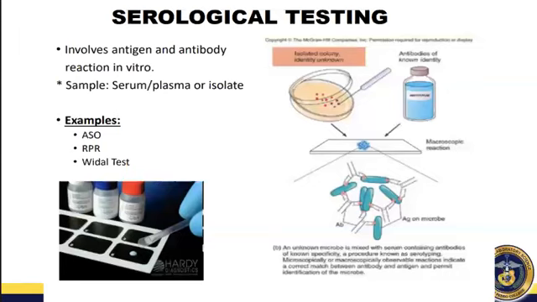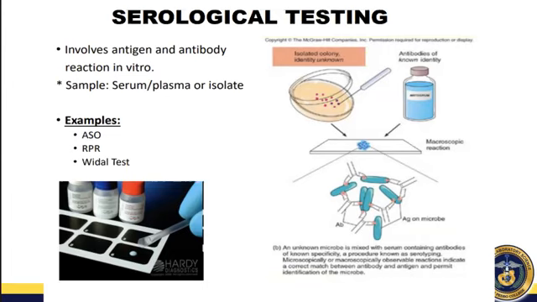Okay? Then we have serological testing. So as we've mentioned in the class, no, na serological testing is done if we come up with organisms na maraming serovarieties. Or, no, we also do this sa microbio to determine if may production of antibodies, no? So you could determine titers like your ASO, RPR, and Widal tests.